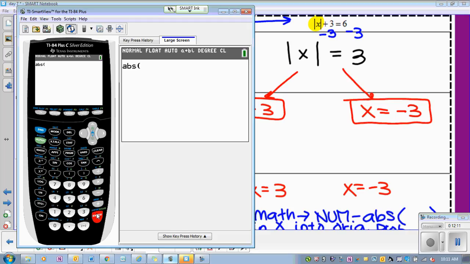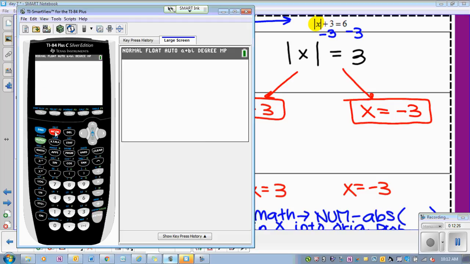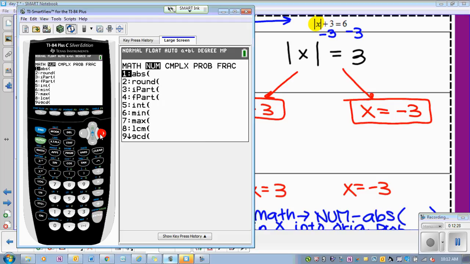You may see abs with the parentheses, or you may see it like this: math, number, abs.